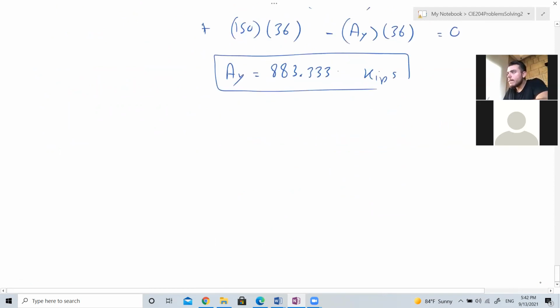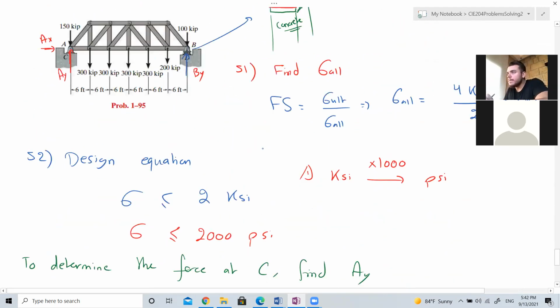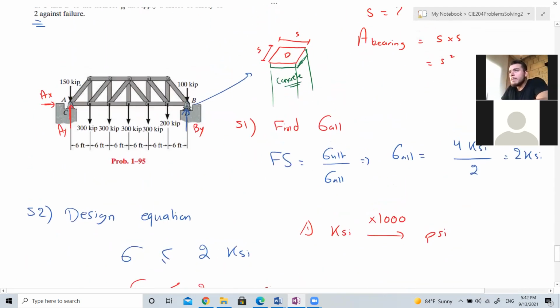Now let's find BY. Let's do summation of forces in the Y direction equal to 0. You get plus 883.333 plus BY, minus 150 minus 300 minus 300 minus 300 minus 300 minus 200 minus 100.